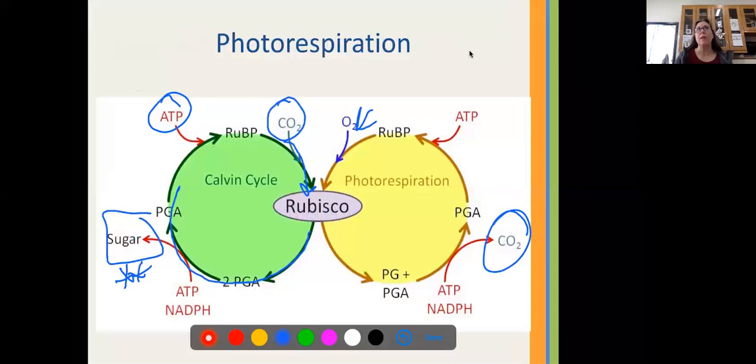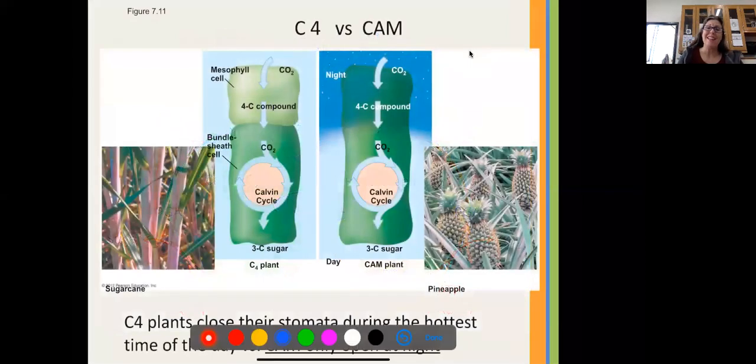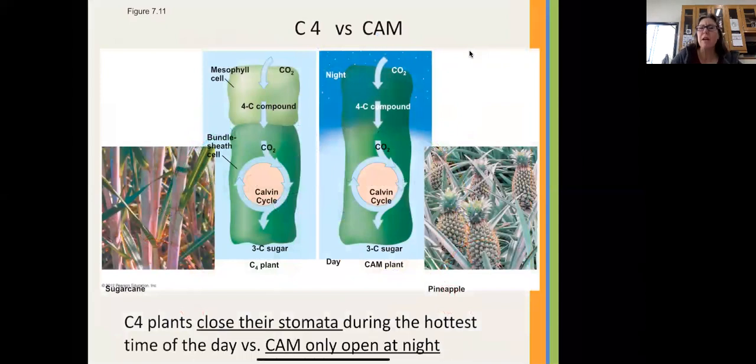Now, there are plants that live in an environment where they don't close their stomata and have free gas exchange, not a problem. But in places where it gets really hot and dry, it's a problem. And so plants have come up with 2 mechanisms in order to prevent this problem.